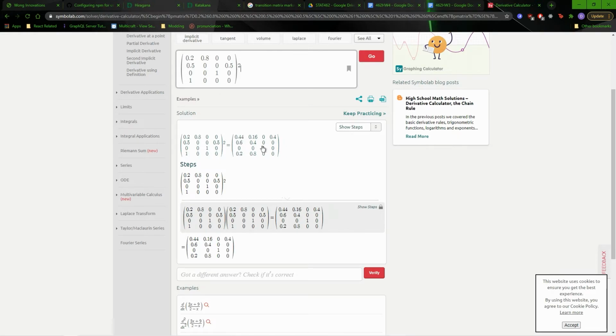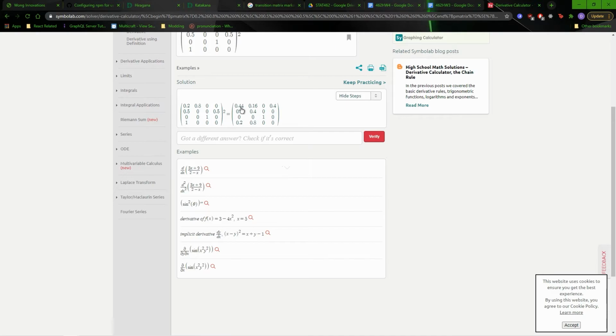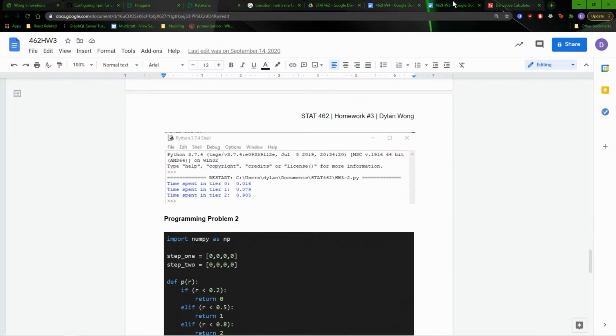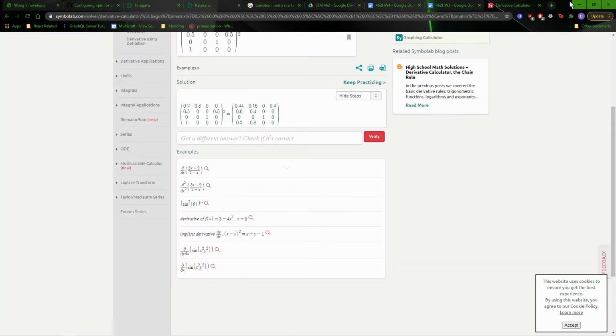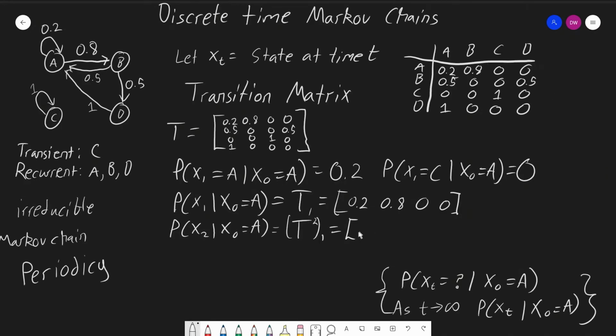Again, I'm doing some hand waving by saying we should square it, and we're going to verify using brute force that this was correct. Now, because we know our initial condition was A, I was saying we take the first row of this matrix, so I have to remember 0.44, 0.16, and 0.4. Sorry, that's the wrong way. So, come over here, we have 0.44, 0.16, and 0.4.